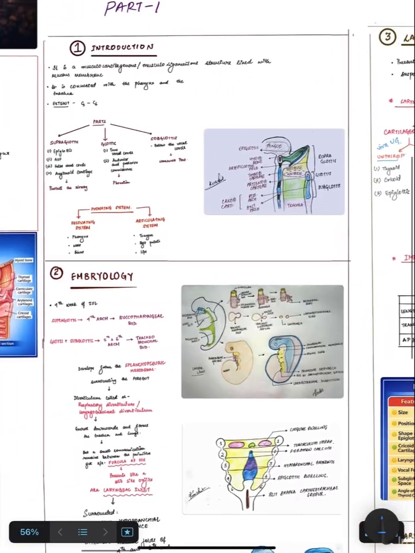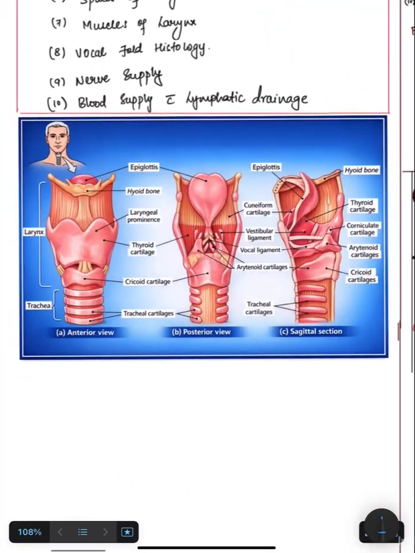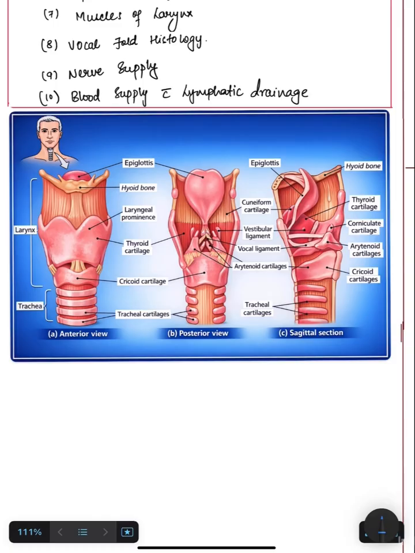Let's quickly look at this image which I showed you in the starting itself. Now see, epiglottis is a part of larynx. We know thyroid cartilage is a part of larynx and cricoid is a part of larynx. So any ligaments connecting cricoid with thyroid, thyroid with epiglottis, these are intrinsic ligaments.